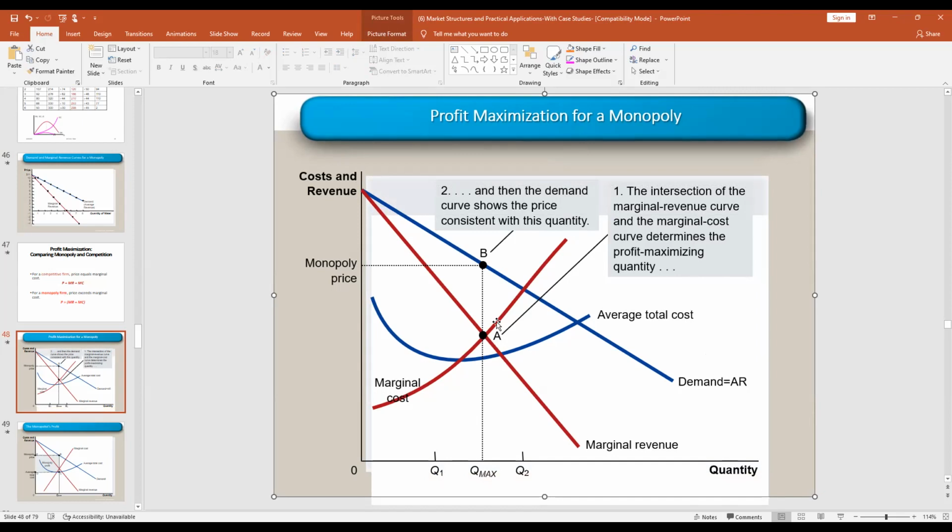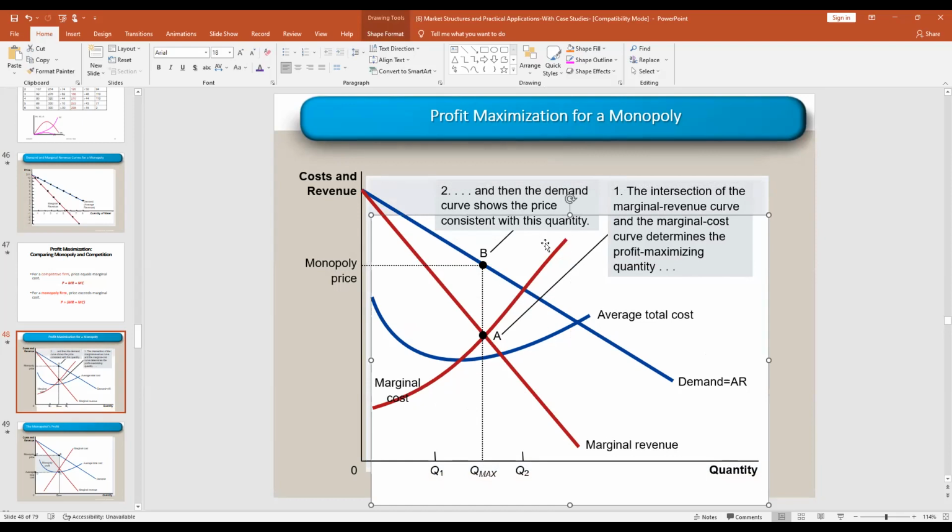This is the MC curve, the marginal cost curve. This is the marginal revenue curve.